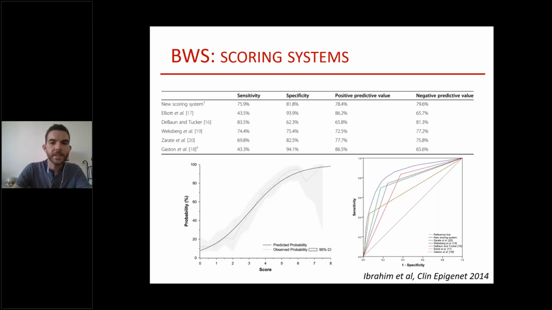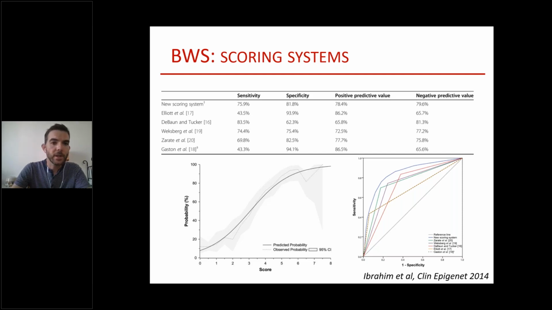What is interesting is that you can apply those different scoring systems to cohorts that have been molecularly tested. So for each of these scoring systems, you can calculate the sensitivity and specificity. That was a nice work from our colleagues from the UK who made this work on their cohort of molecularly tested BWS patients.